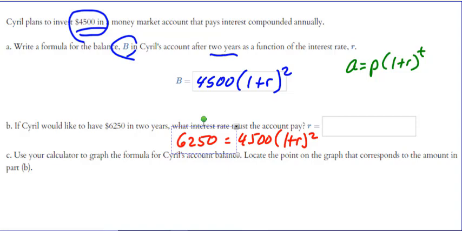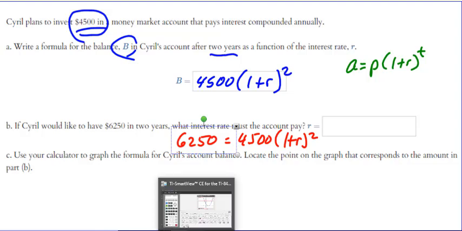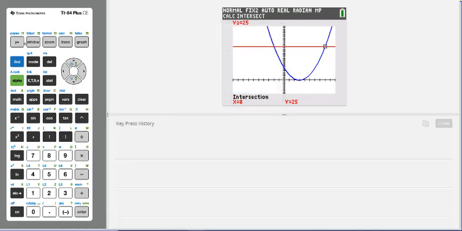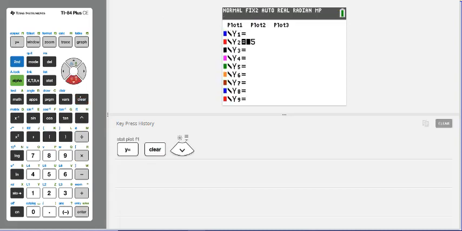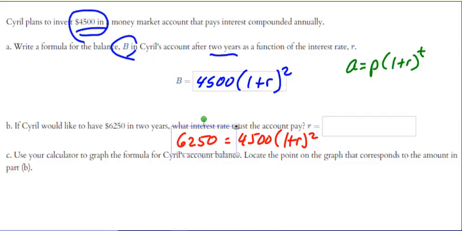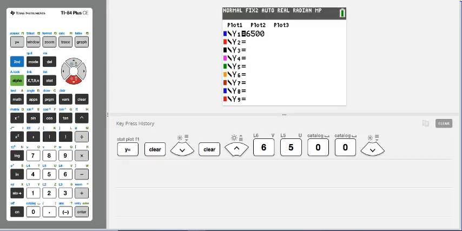All right, so here we go. Clear this out, and we'll go y equals. So 6,250. Yes, I know I put that in y1. I put the other side in y2. Okay, 4,500.